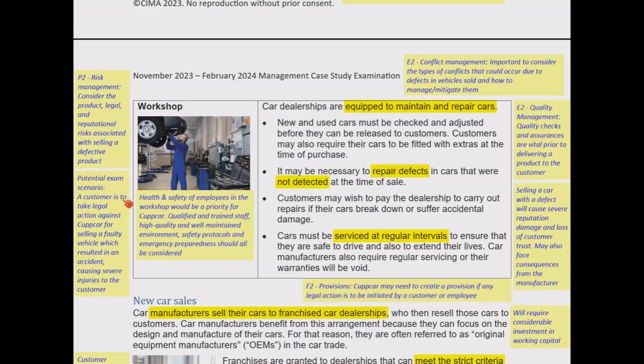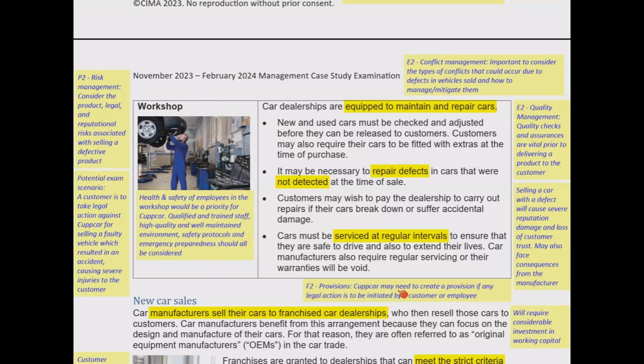Now, I think there are a lot of risks that I could talk about to do with the workshop. Certainly, there are health and safety, compliance, regulatory and legislative risks of not complying with health and safety regulations. Also, if the workshop doesn't comply with those regulations, what if a member of staff in the workshop was injured?